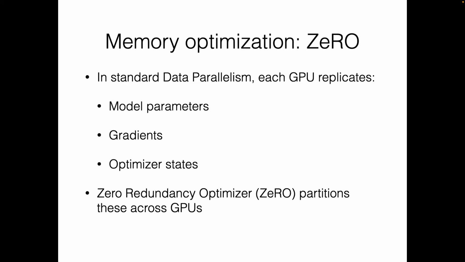Okay, so in data parallelism, we typically have each GPU replicate the model parameters, the gradients, and the optimizer states. So what ZeRO does is it'll partition these things across GPUs. And then the difference is it'll temporarily gather the required data to perform the actual computation.